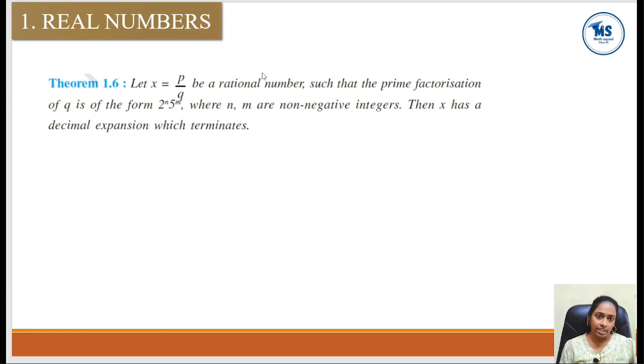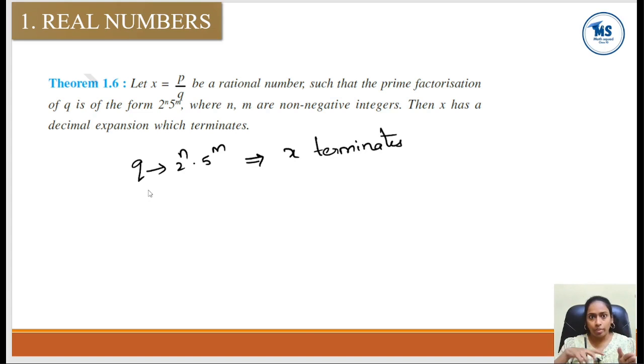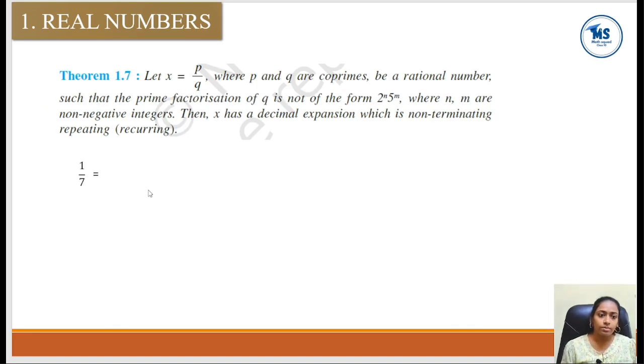So now here they are saying that x is a rational number, and if q is in the form of 2 power n, 5 power m, then the decimal expansion of x terminates.